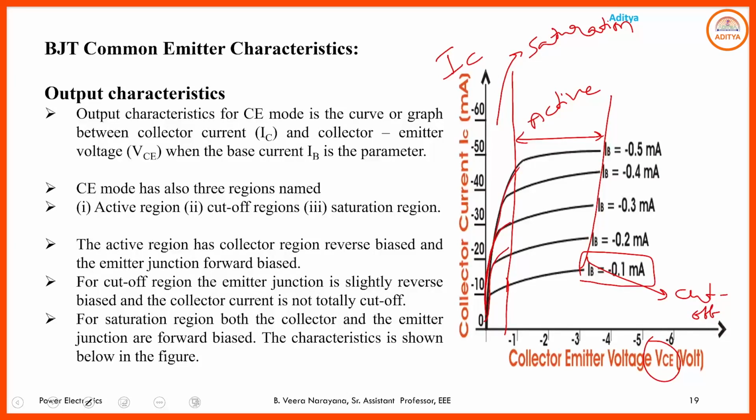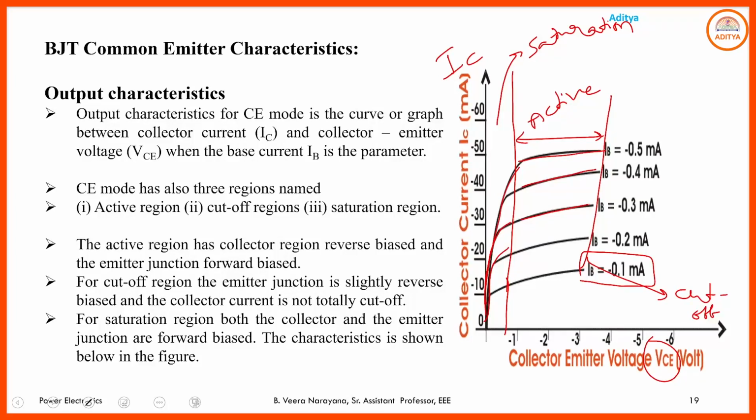And in the active region, the collector current is constant irrespective of the voltage across the collector and emitter terminals. So this region is called the active region. In that active region, the BJT operates like an amplifier, a current amplifier.